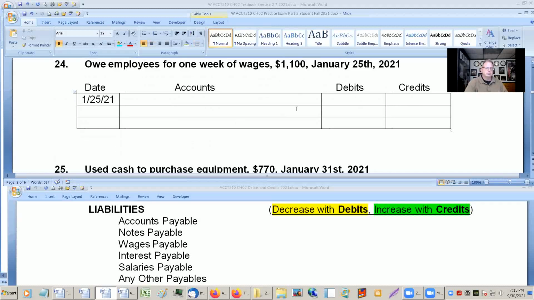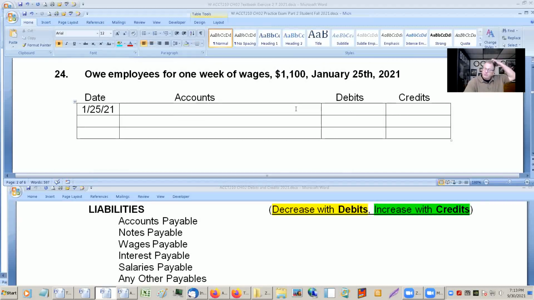Which accounts are we going to use? Wages and accounts payable. Good. You could put accounts payable, you could also put wages payable. Wages payable is more descriptive, but accounts payable is fine. Wages expense and wages payable.